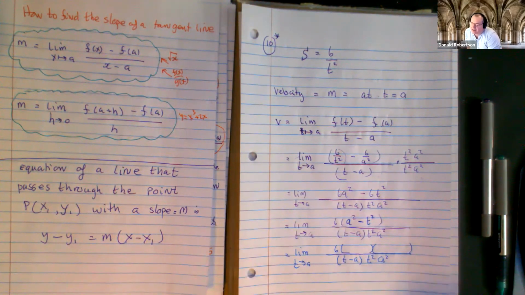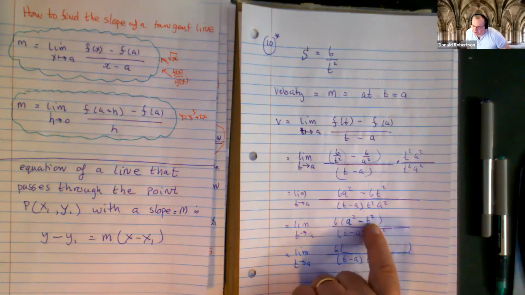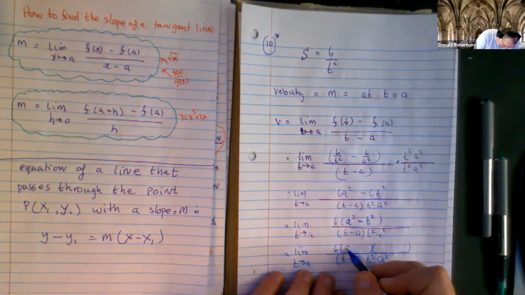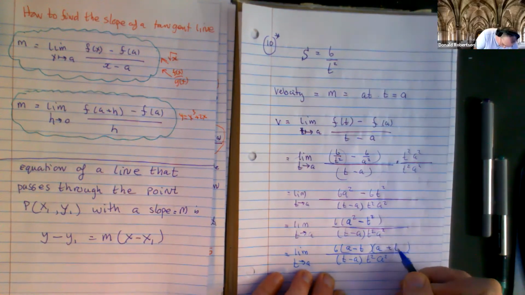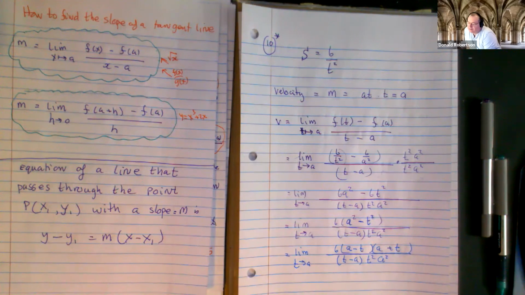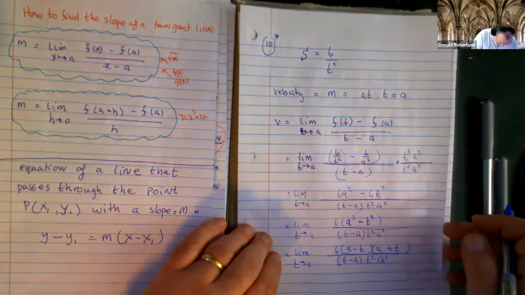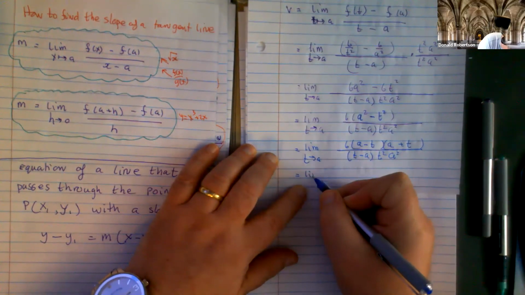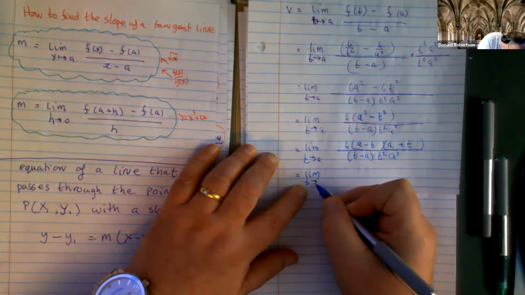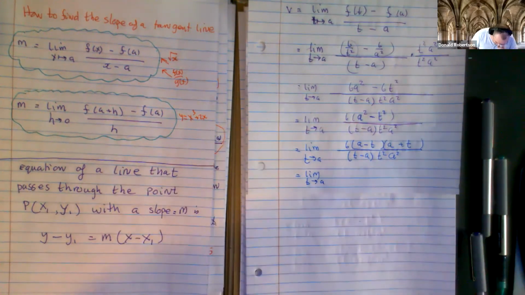And they can be factored, can't they? And a squared minus t squared can be factored as a take away t, a plus t. Are you comfortable about that? Well, we're darn close to having the answer that we need. But we still have a little bit more to do.